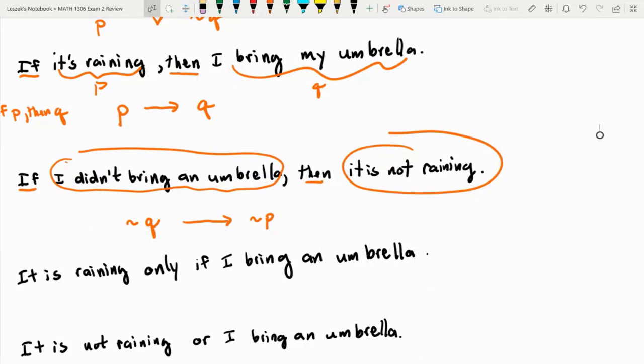Okay, and if P implies Q, that's the implication, then what do we call not Q implies not P, just as a review? So P implies Q, and then if you negate and switch the antecedent with the consequent, so not Q implies not P, there's a name for that we need to know.